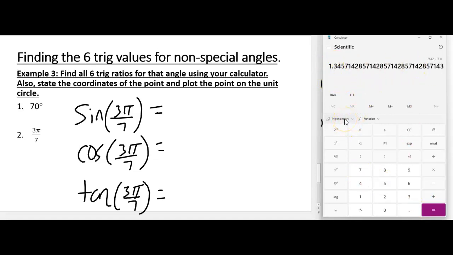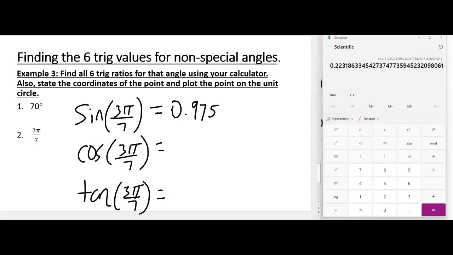And now I'm going to do sine. And there's the sine value. It's 0.975. Let's do cosine. So 3 times pi, which is 3.14, divided by 7. 3 pi over 7. There it is again. Now we're going to do the cosine of that.